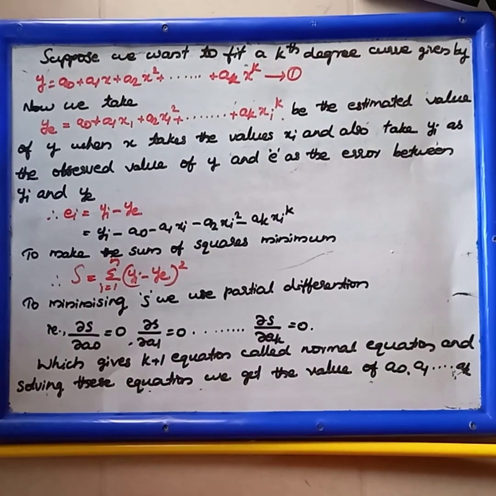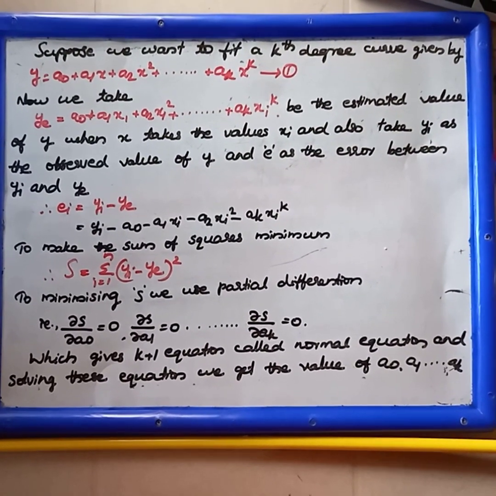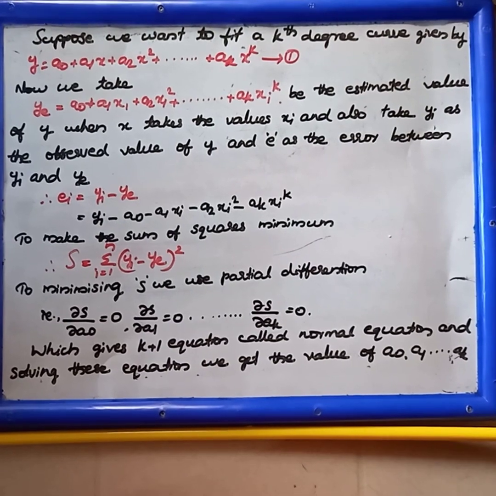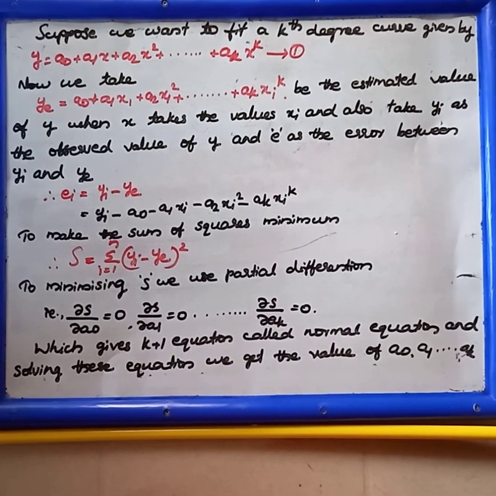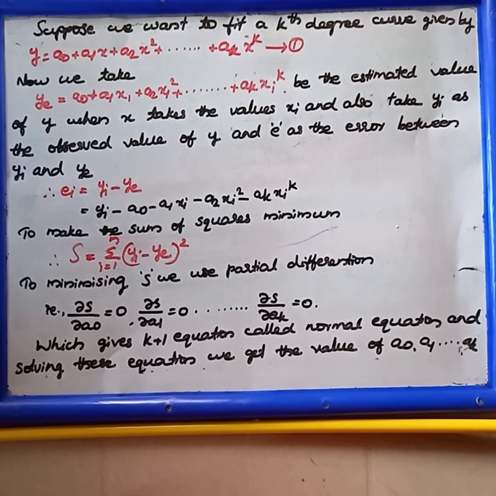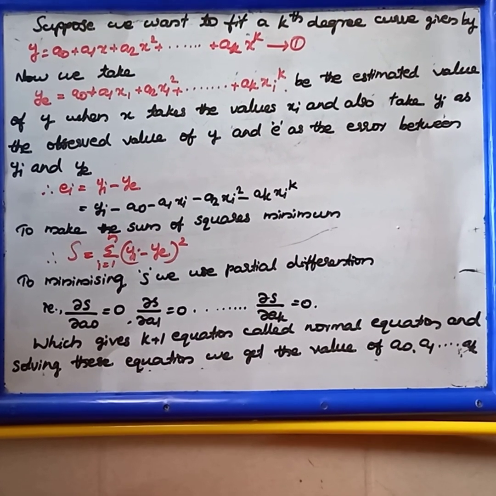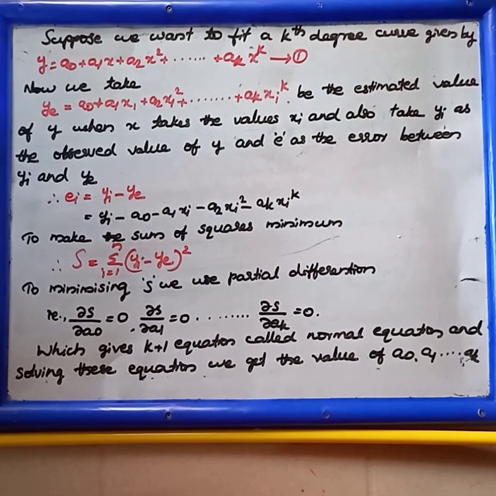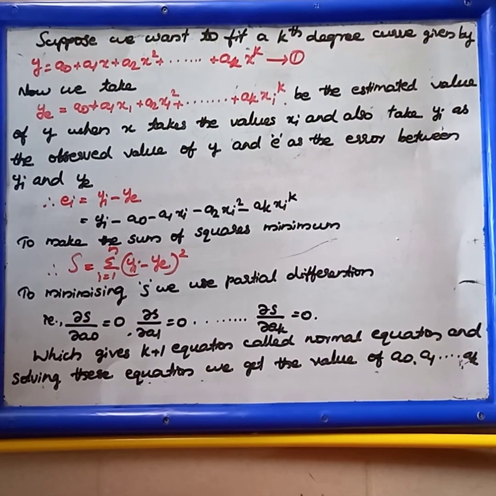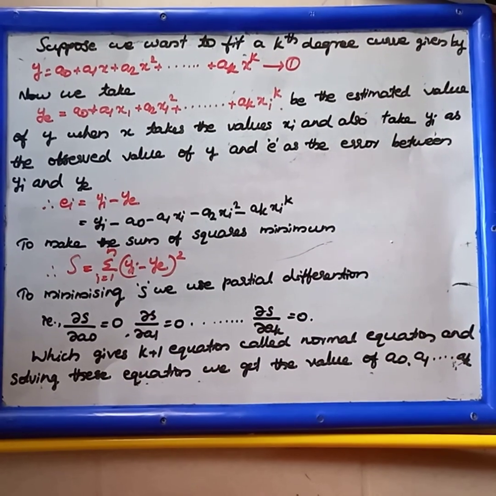We want to fit a kth degree curve given by y is equal to a0 plus a1x plus a2x square plus etc. plus ak x raised to k. Now we take ye, which is equal to a0 plus a1x plus a2x square plus etc. plus ak xi raised to k, as the estimated value of y.